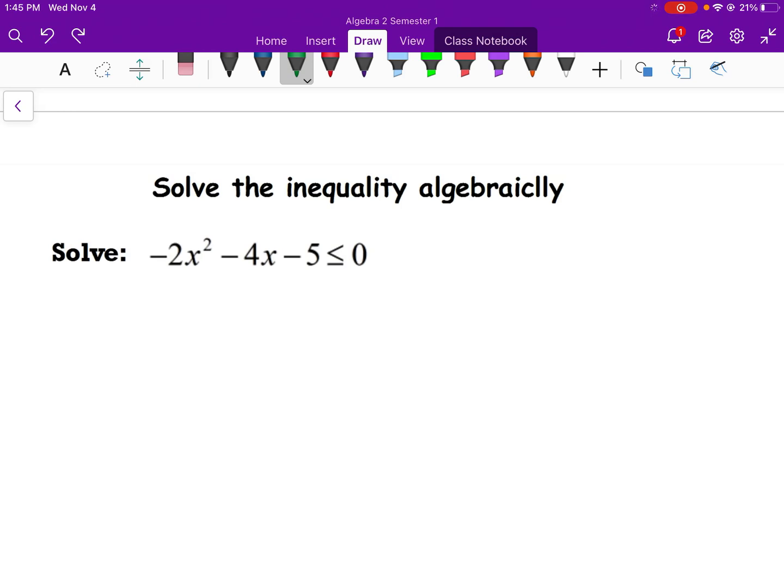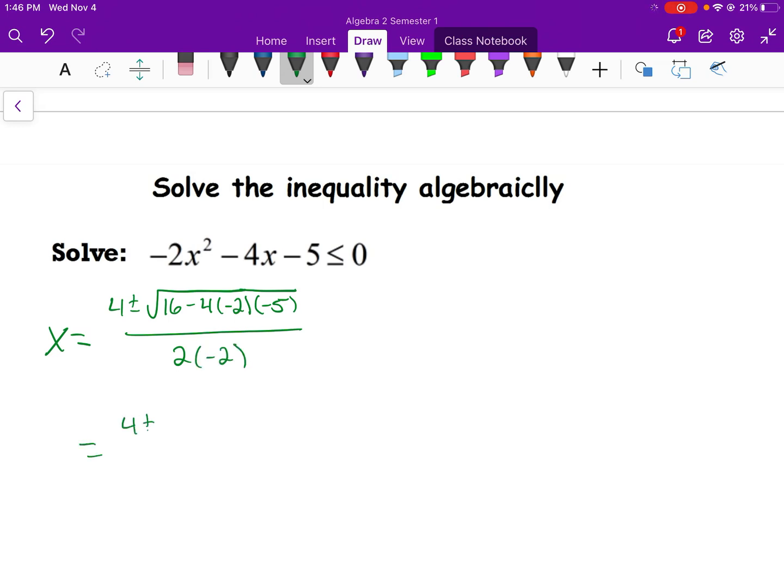We have it less than or equal to 0, so we're good there. In order to find the roots, negative b, which would be 4, plus or minus the square root of b squared. So negative 4 squared, or 16, minus 4 times a times c, all over 2a.